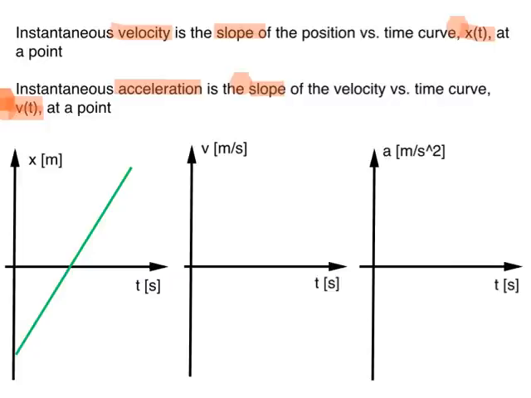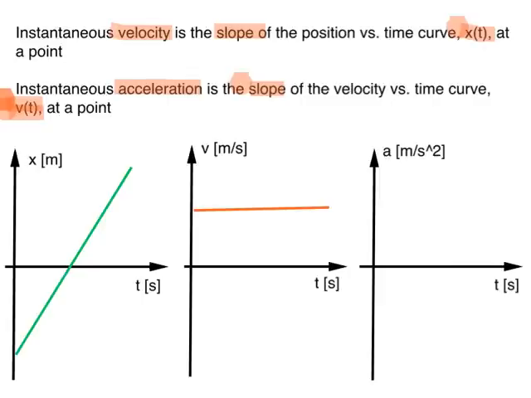So here we have a position as a function of time in the green. If we look at this, the slope of this curve is positive. It's greater than 0. It's running upwards. So the velocity is going to be a positive number. And it's always the same number. This is a line. It has some slope, and the slope is constant. And so we're going to get some nice flat line for velocity.